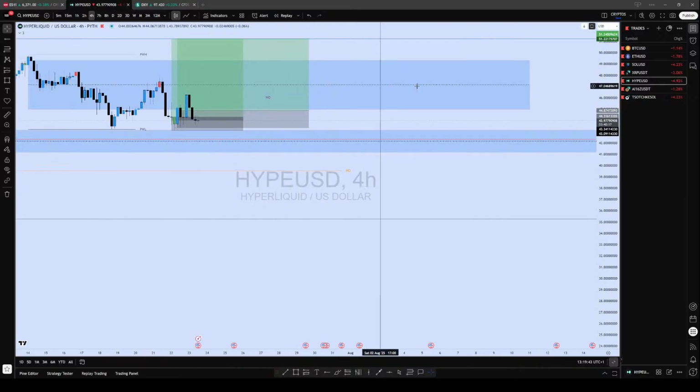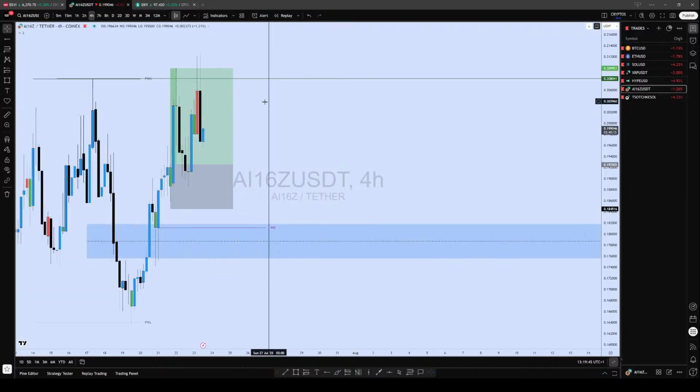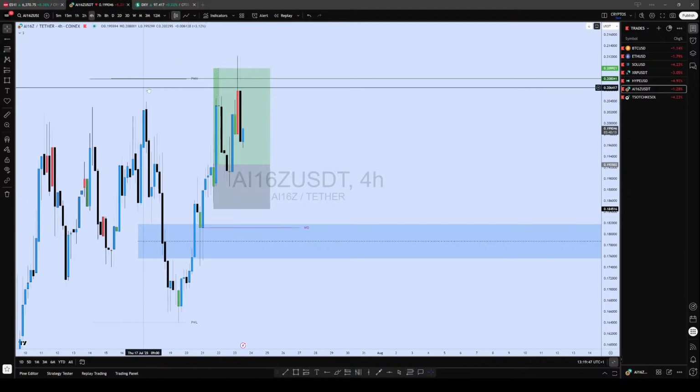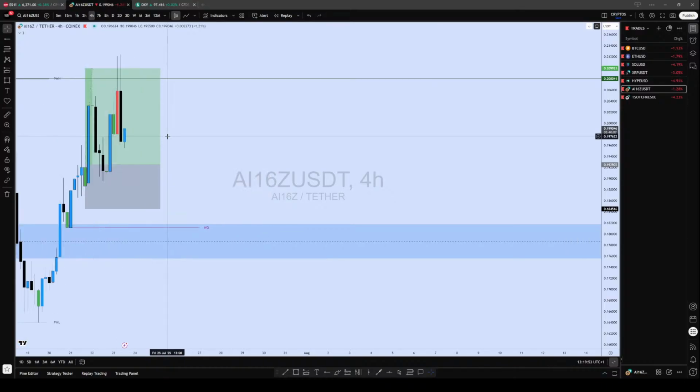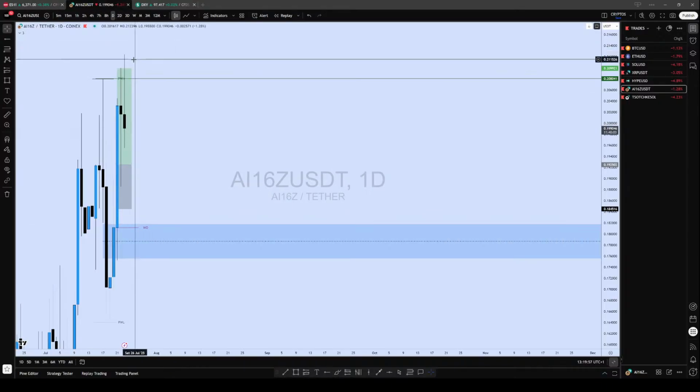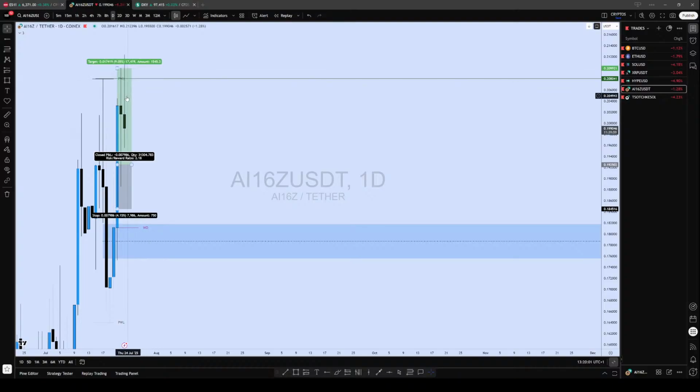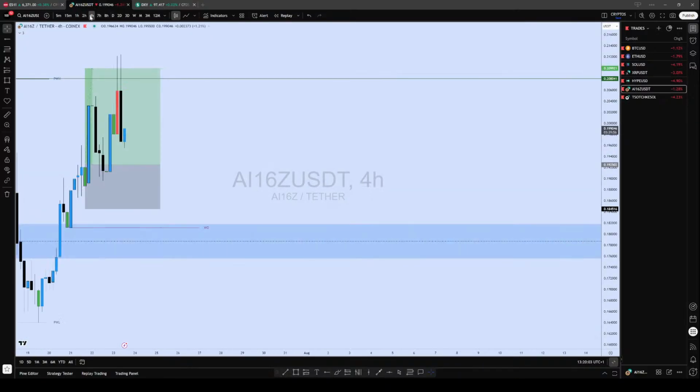Okay, and then AI16, that also shot up for the day trade that I gave. Nicely done. And yeah, I would want to see price continue staying bullish rather than rejecting immediately. So today's candle needs to be bullish.